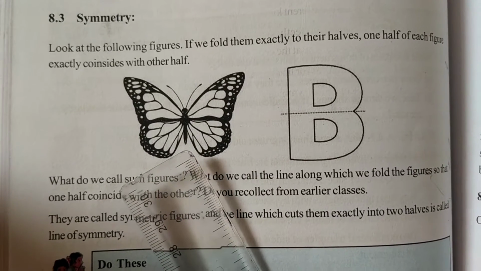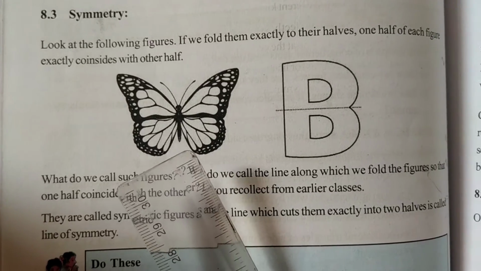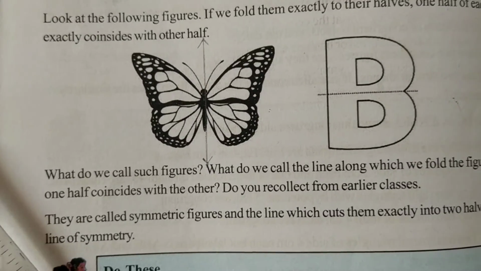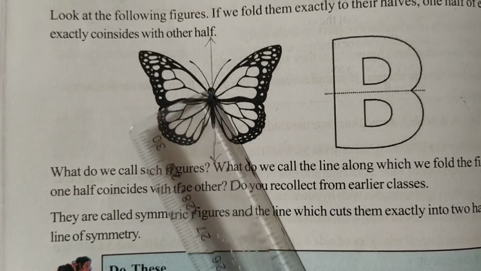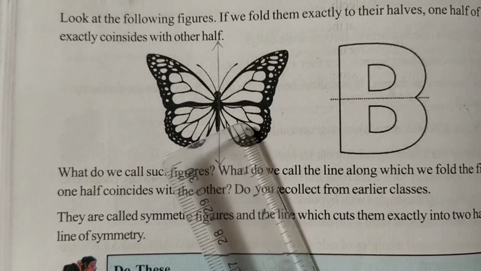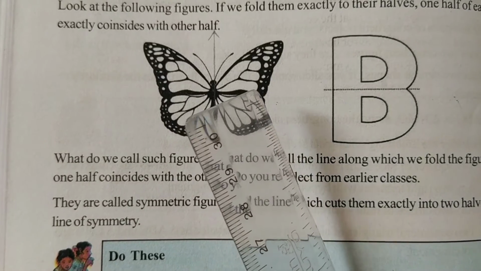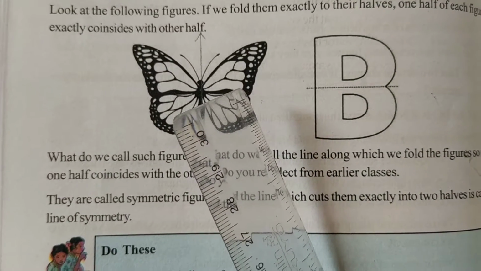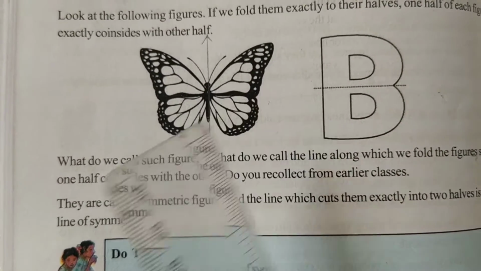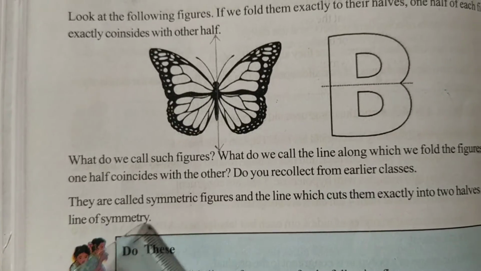The symmetry line is in the middle. So this is the symmetry line for the butterfly, students. See here, in the left and in the right the figure is totally the same. So like this you have to do the symmetry of any object.